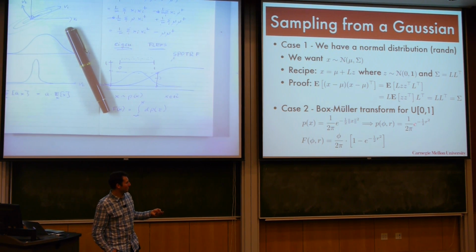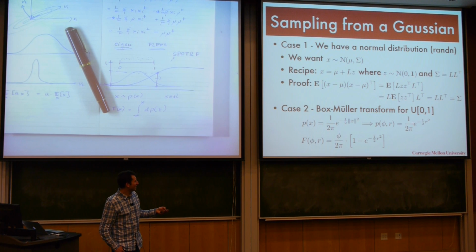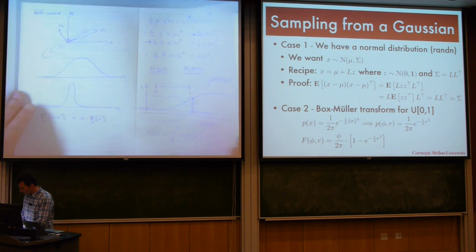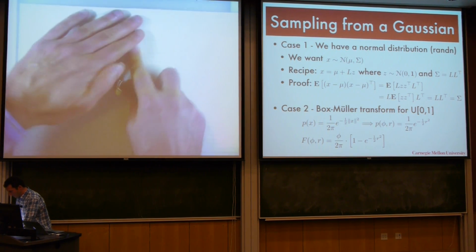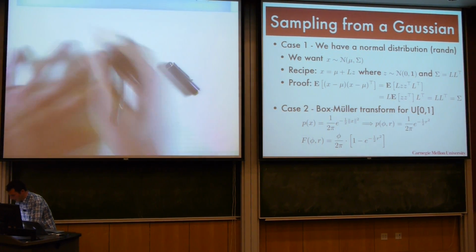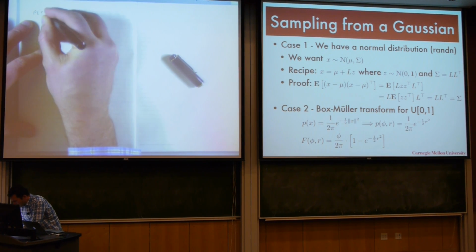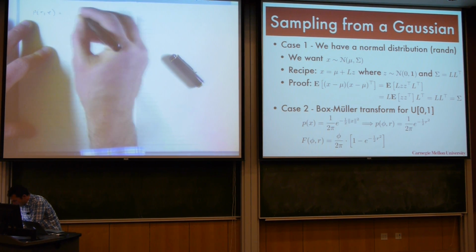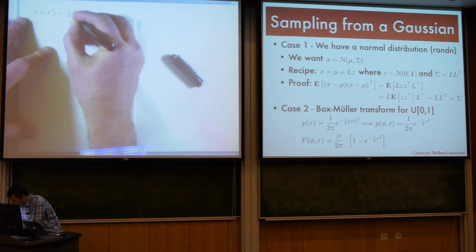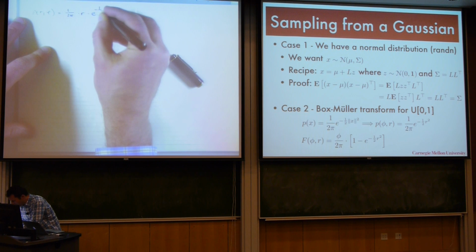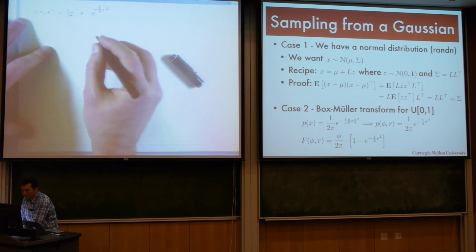I have too many typos today. So what really should happen is that p of r and phi is 1 over 2 pi times r times e to the minus 1/2 r squared.